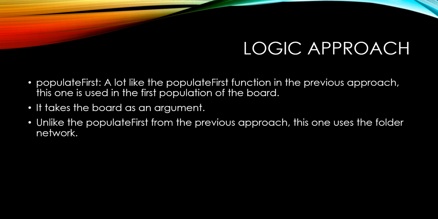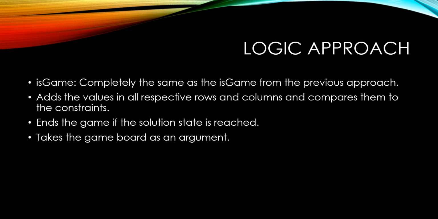Its argument is the board. That's obvious. This one uses a folder network as the one we talked about previously. We have gone into more detail on the folder network in our presentation, the project report. If anyone is interested, you can take a look at that.